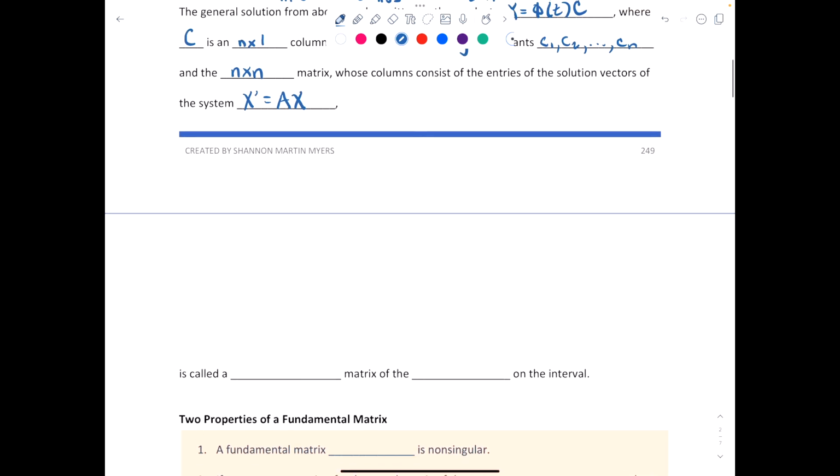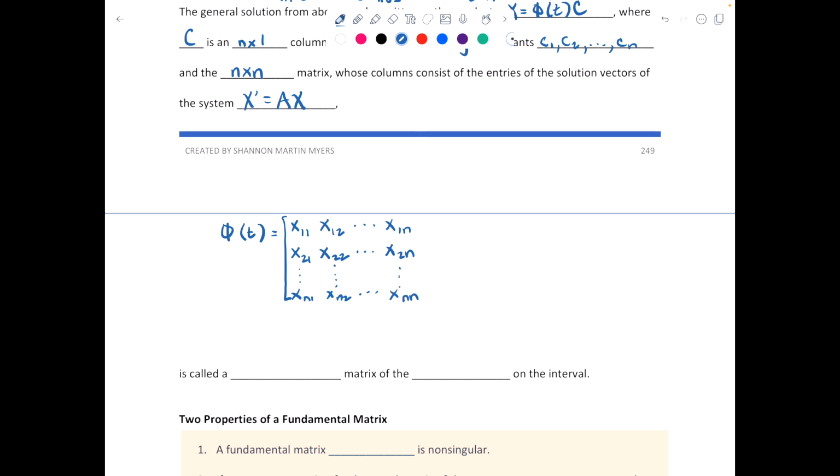We end up with the matrix phi of t equal to x11, x12, all the way down to x1n, then x21, x22, all the way down to x2n, and then this would continue until we got to xn1, down to xn2, and then we would go over and down, and we'd be at the entry xnn.